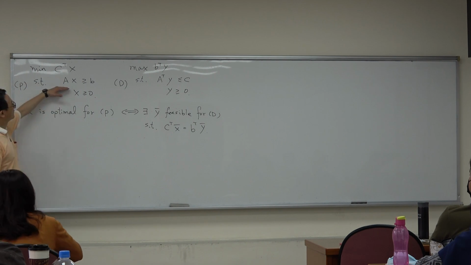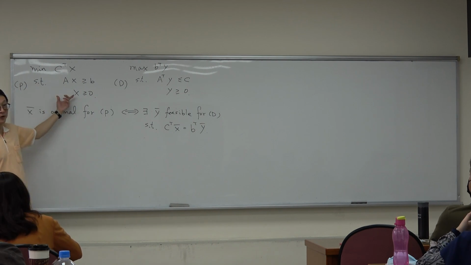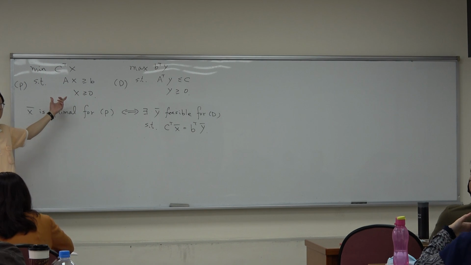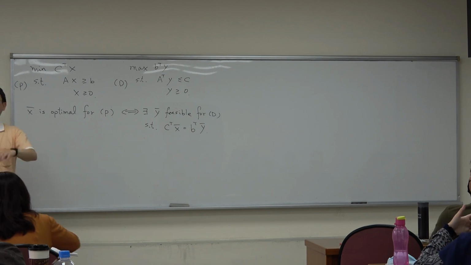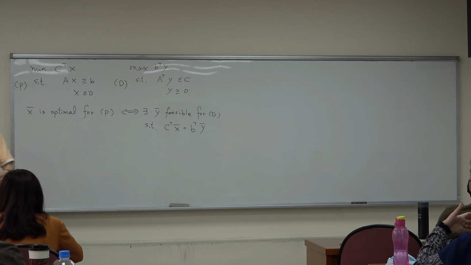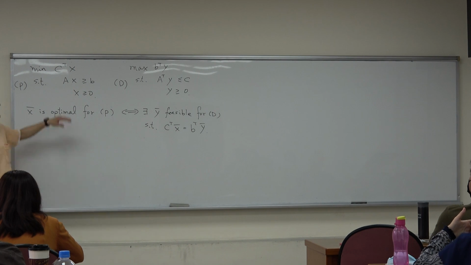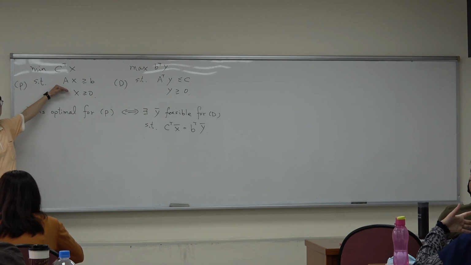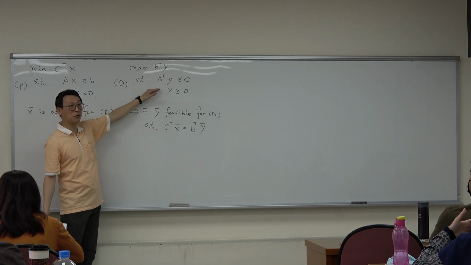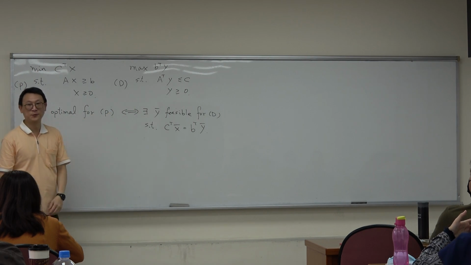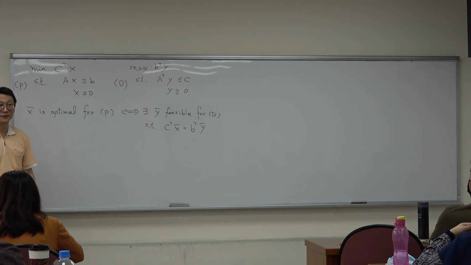Say x bar is feasible in the primal form. Based on this constraint, we can find a feasible region, right? And a solution inside the feasible region is a feasible solution. I can find any feasible solution from this constraint. And I can also find another feasible solution y based on the dual constraint.